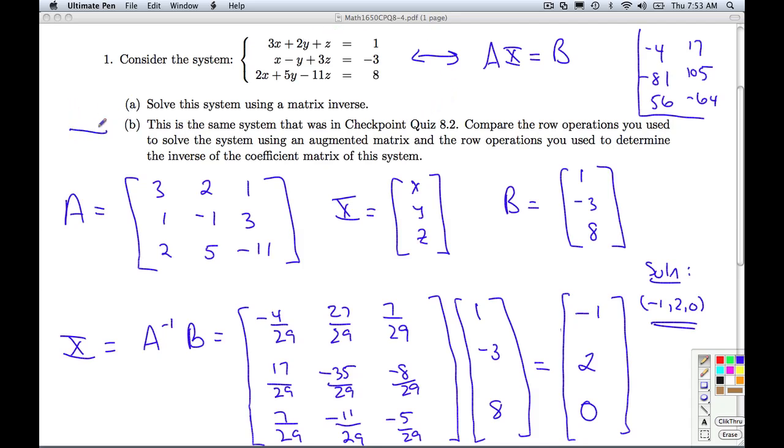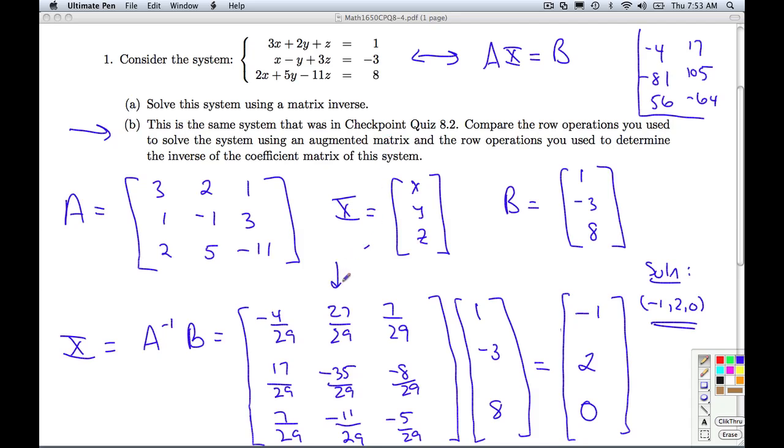Now if you go back and look at your work from Checkpoint Quiz 8.2, if you follow through the algorithm as presented in the book, you'll notice that you're using the same row operations to find the inverse matrix as you did using an augmented matrix to solve it.